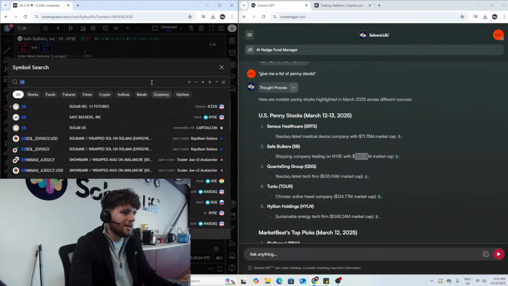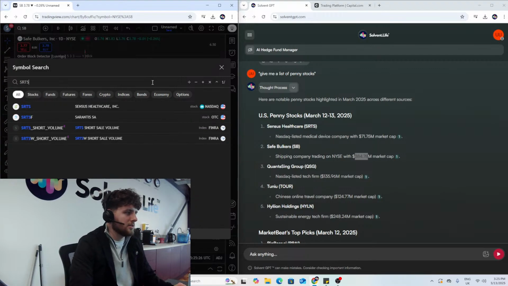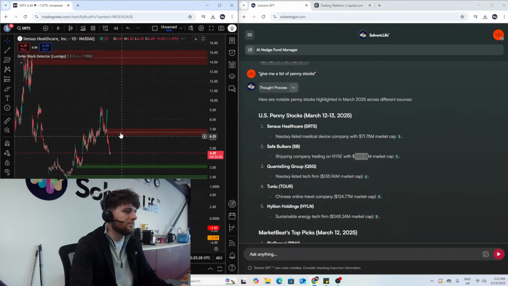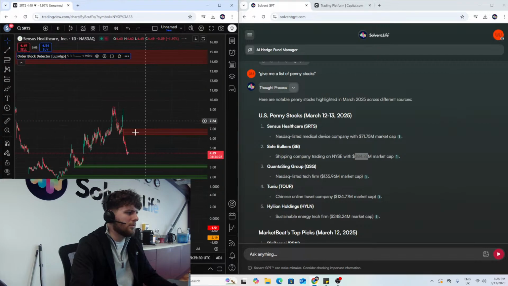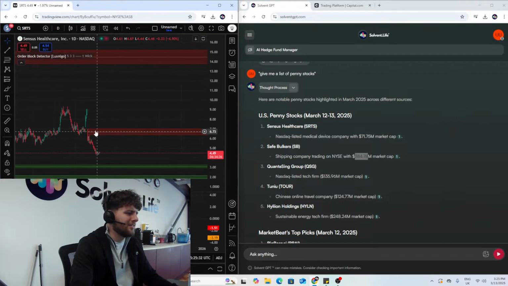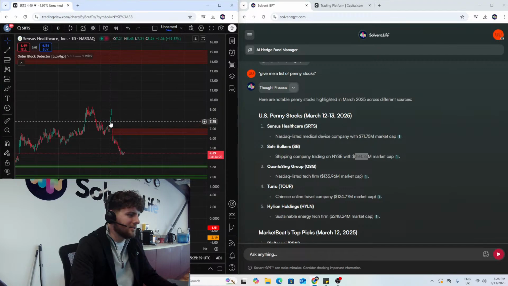The other one I wanted to have a look at was Census, SRTS. What is that? So it looked like it jumped upwards to about $9 and then instantly overnight dropped by more than 50%. Ouch.